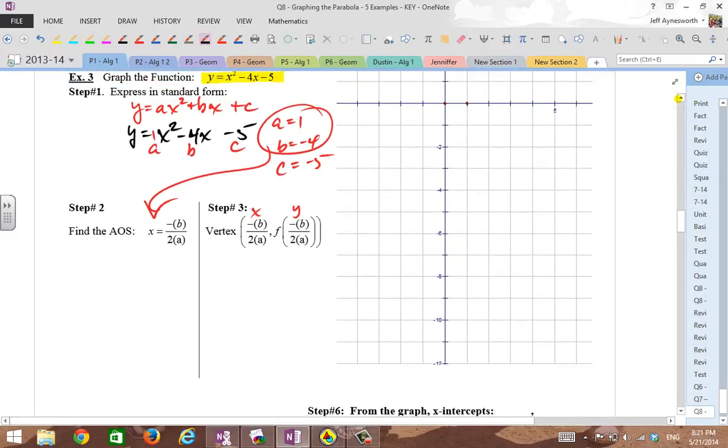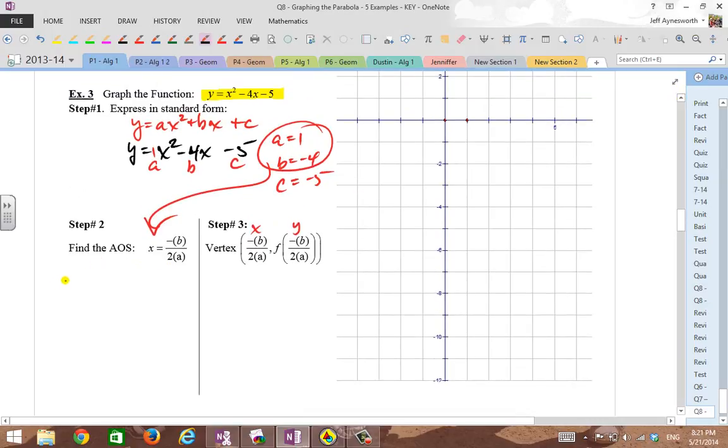All right, so we have x equals -b, which is negative of -4, all divided by 2 times a, which is 1. Well, I know that the negative of -4 is +4, and I know that 2 times 1 is 2, so I know that x equals 2, because 4 divided by 2 is 2.